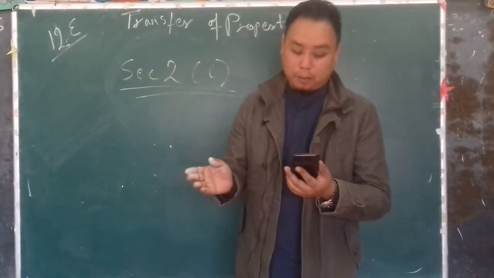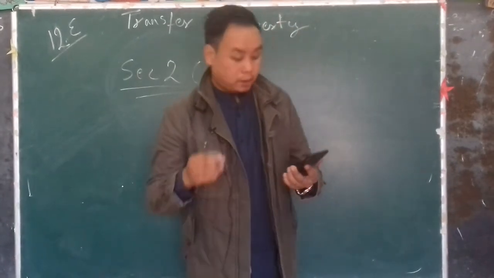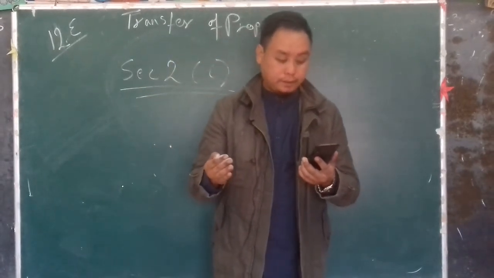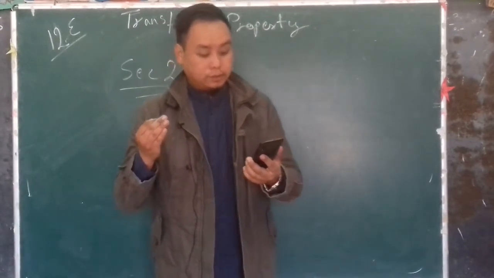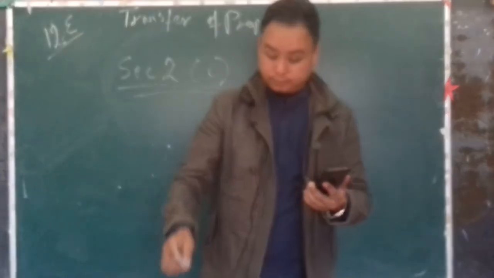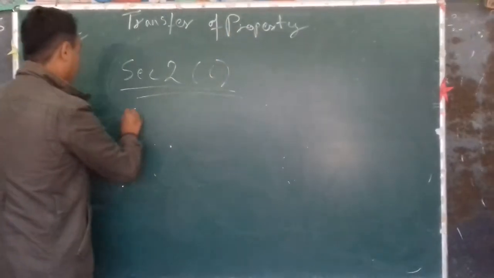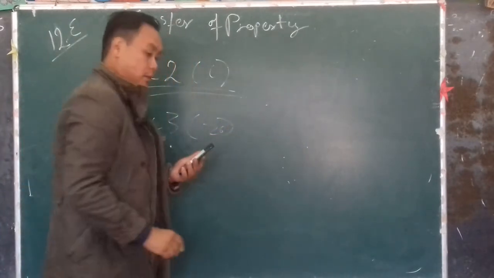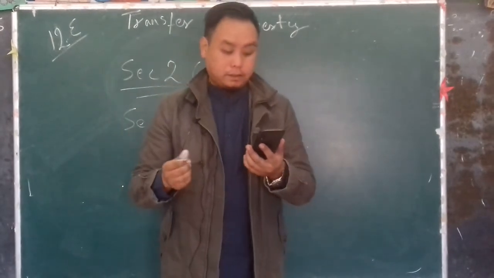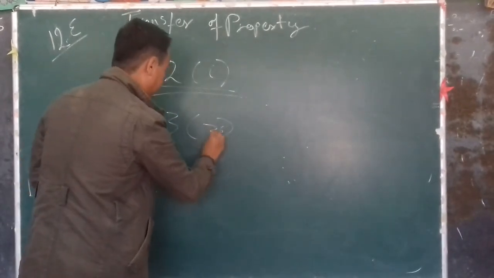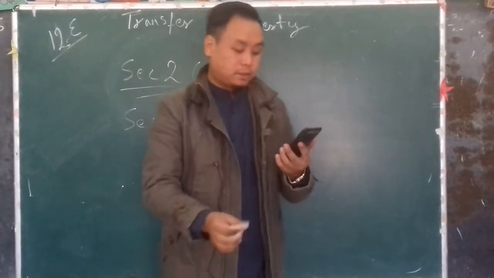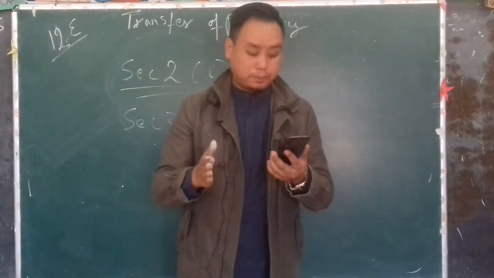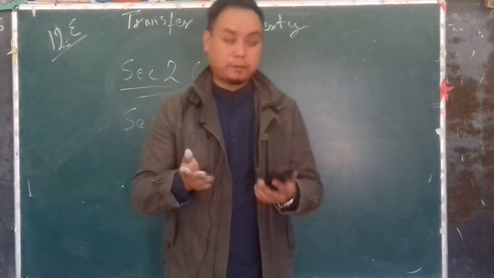Now what are the kinds of property? We have already studied movable and immovable property. Now the definition is under section 3 clause 36 of the General Clauses Act, which defines movable property as: movable property shall mean property of every description except immovable property.